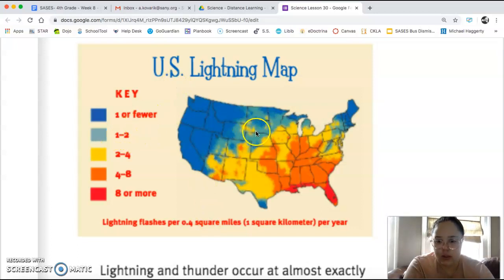The light blue is 1 to 2. The yellow is 2 to 4. The orange is 4 to 8, and then the red is 8 or more. So most of the lightning happens down here in Florida, but really this whole area here gets a lot of lightning. The southern part of our country.